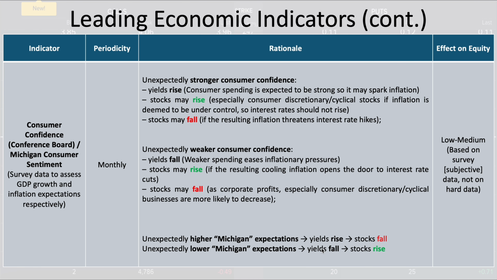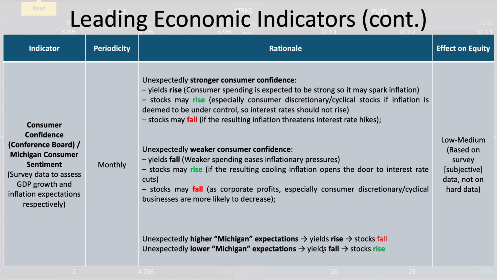Now, continuing on from here, and again, this is a little bit less important than the previous economic indicators because it's a survey and it's not hard data, so it depends on whoever is filling out this survey. But again, unexpectedly stronger consumer confidence has a straightforward impact on yields because of the expected consumer spending.